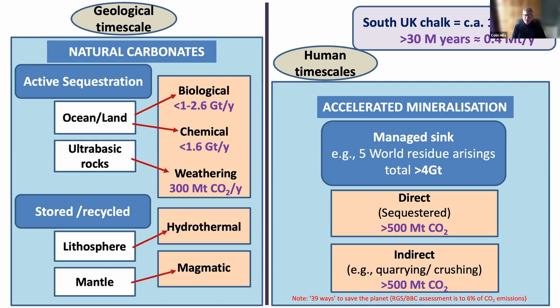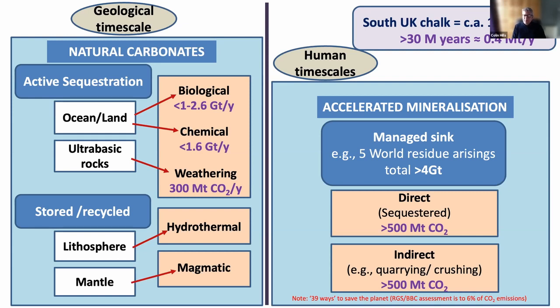This is in comparison with our example, which is the chalk of southeast England, where about 0.4 megatons of CO2 was mineralized by these natural processes over this 30 million year period. So 0.4 megatons per year. Now, interestingly, our work was recently featured in 39 Ways to Save the Planet, this BBC Radio 4 program.